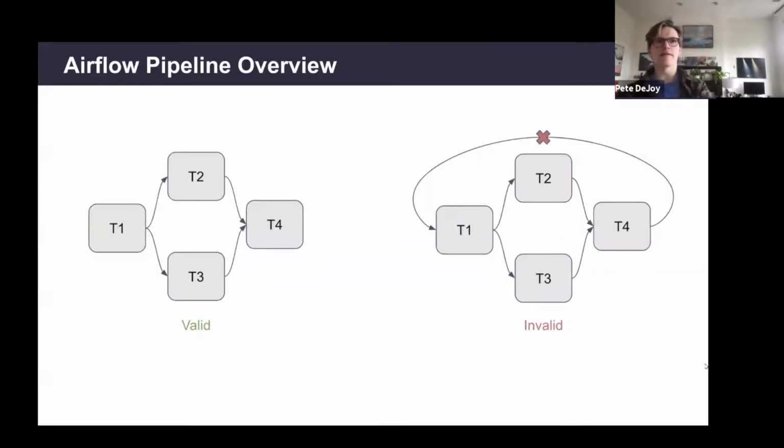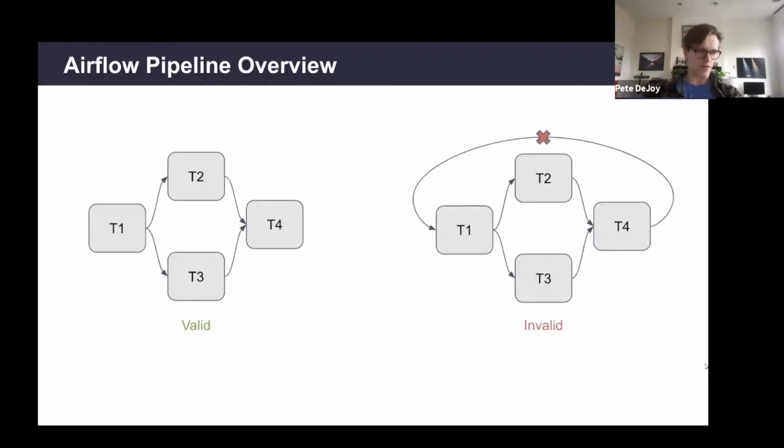So to give a quick overview of how pipelining works in Airflow generally, as we said before, all pipelines in Airflow are defined by some templated Python code. That means that it's quite flexible. You can write and define whatever logic you need in order to process your data pipelines. Everything in Airflow is defined as a DAG, or a directed acyclic graph. If you're not familiar with the DAG concept, this is a nice little visualization here.